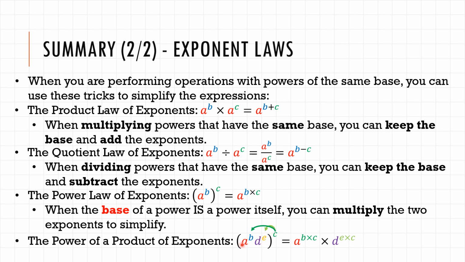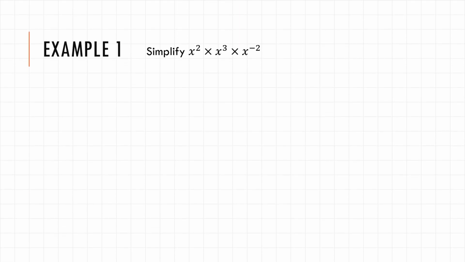In other words, you would have something like a^b d^e times a^b d^e times, and so on and so forth. But if we collect all the a^b's, we'll have c number of those. If you collect all the d^e's, we'll have c number of those as well. So we can just sort of take this exponent on the outside and multiply it by each of the exponents on the inside. Let's take a look at some examples.